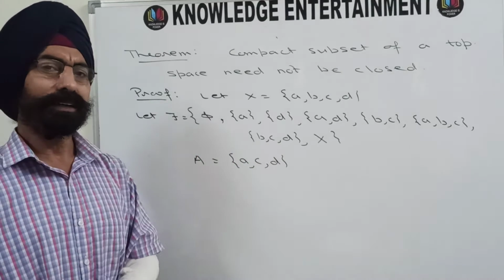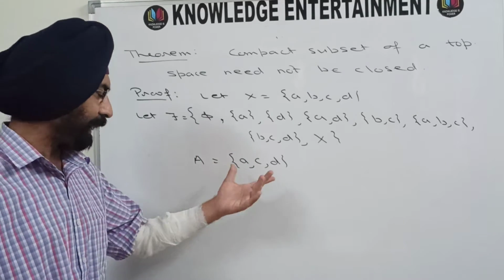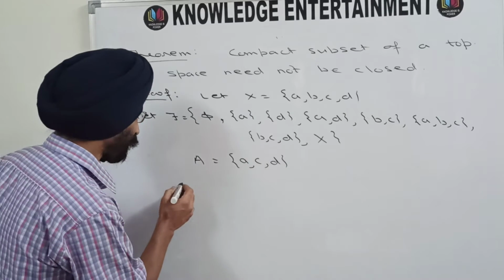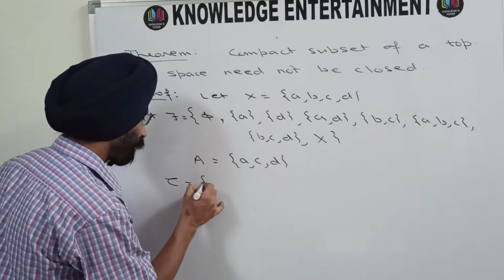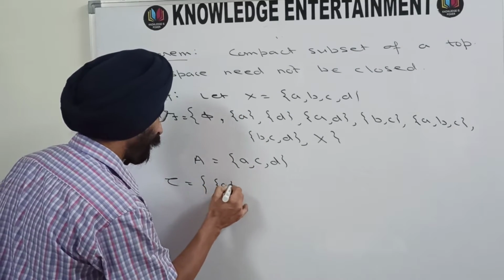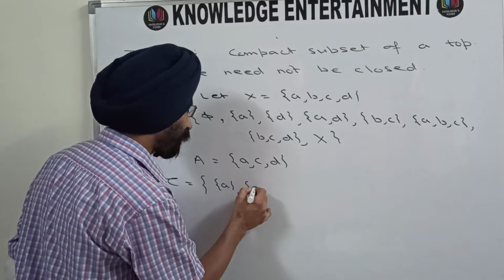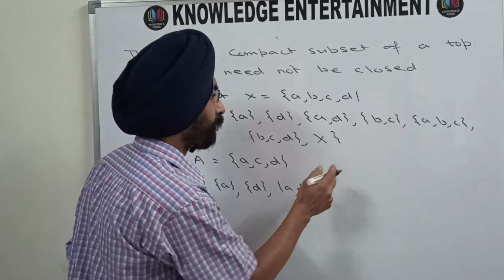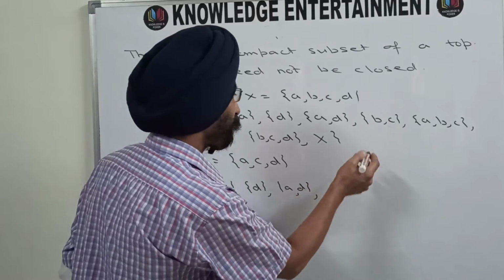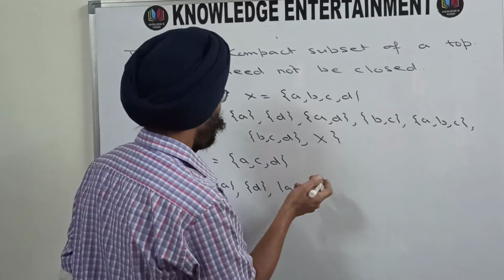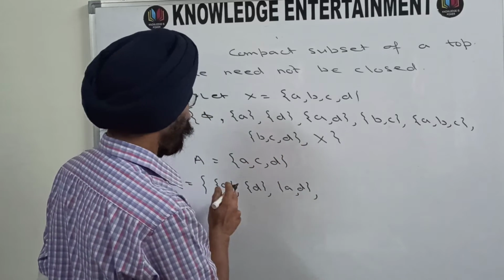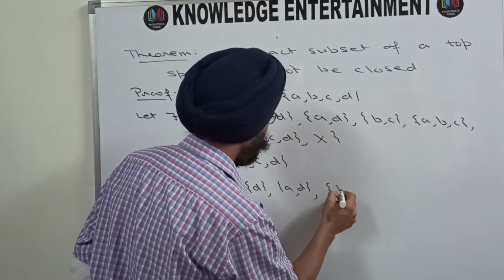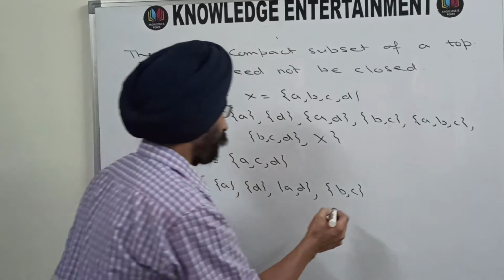Now whatever open cover you take for this set A, let us discuss the largest open cover for this set A. You will have the set {a}, you will have the set {a, d}. Then {b, c} need not be there, you can take it but no need to have it. {a, b, c}, no need to have it. {b, c, d}, you will have to take at least one of these, so let it be {b, c}. So this is an open cover.